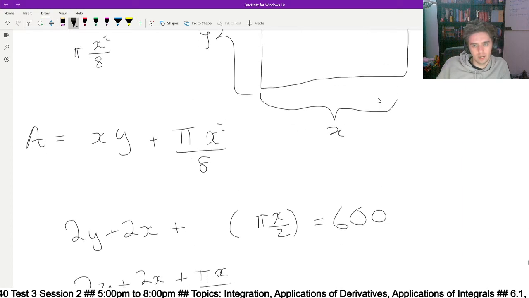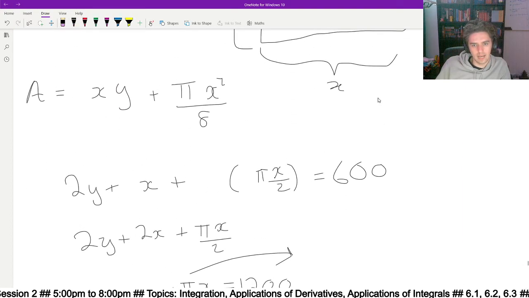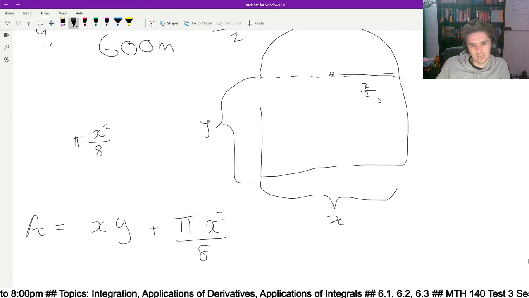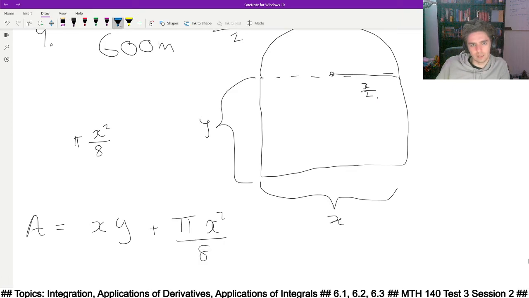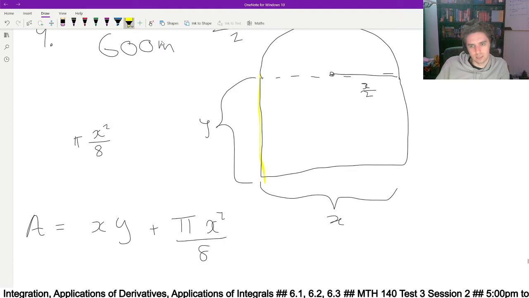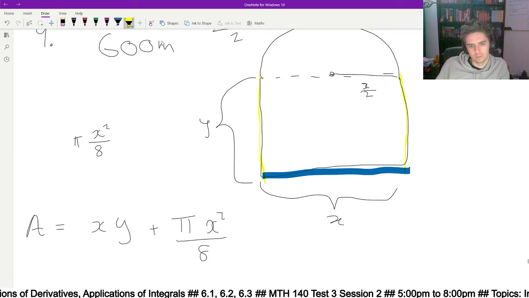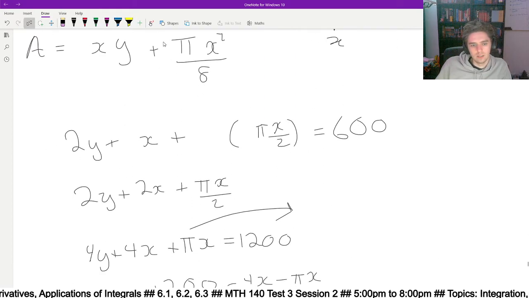Then we know 2y. Oh, 2y plus x, not 2x. Right at the start, we're not taking 2 x's. Right? So it's 2y because it's this plus this. X is just, we're just using one of them. So there we go.